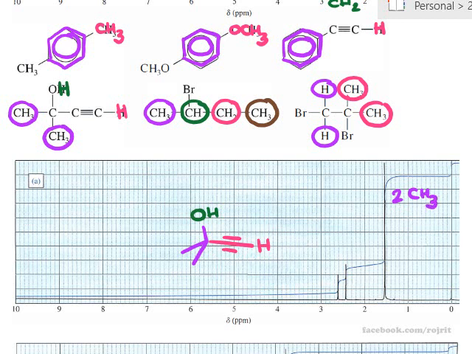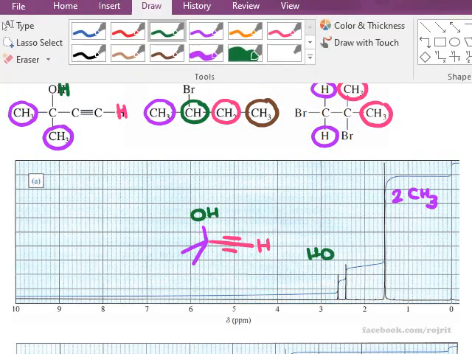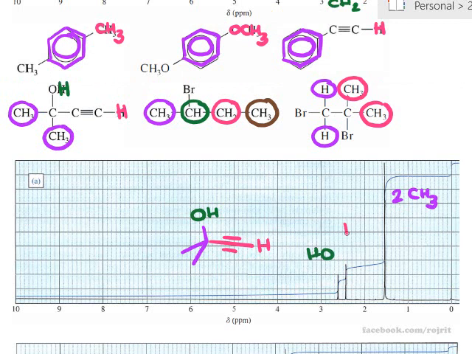Then you have OH, and then you also have the alkyne. They are very similar, appearing at about 2 ppm. Okay, we may not be very sure which one belongs to the alkyne and which one belongs to OH, because they are very close together. It's very hard to distinguish between them. But at our best, we know it should be something like this.